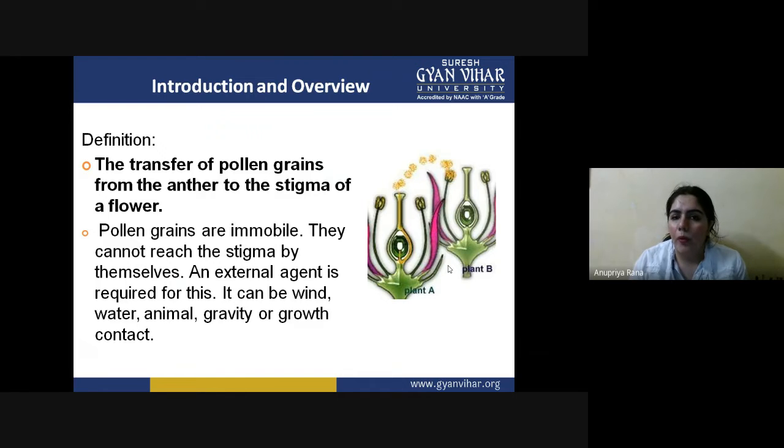This whole process of pollination can be done by several agents like water, animals, small insects or ants, gravity, and growth contact. These are the things which help pollen transfer from anther to the stigma. This is the major objective of pollination, that pollen needs to be transferred from this plant to the stigma of another plant.